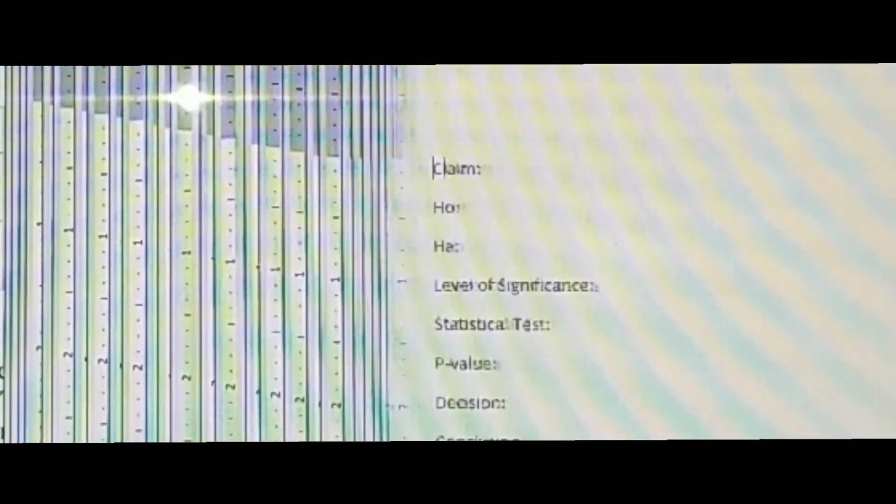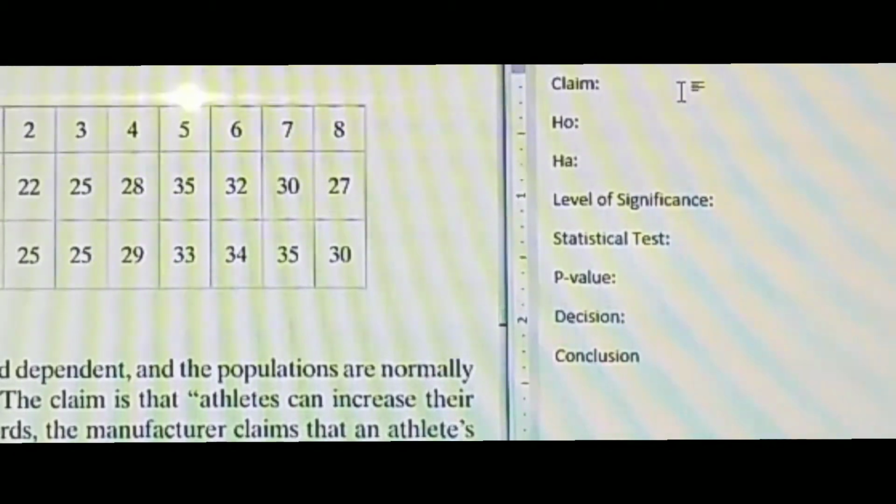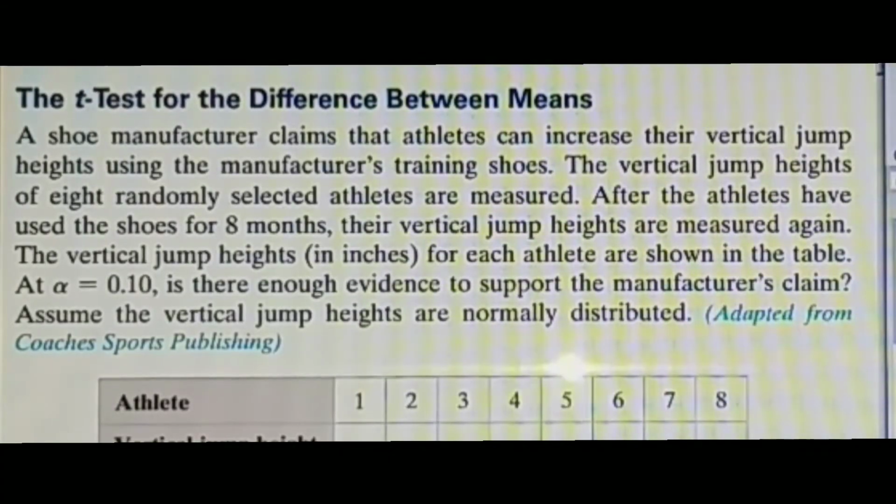Okay, so let us now answer the given problem. Let us first identify what the claim is. It says here that the claim was that the athletes can increase their vertical jump heights using the manufacturer's training shoes.